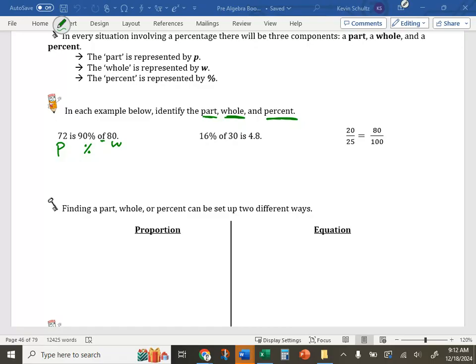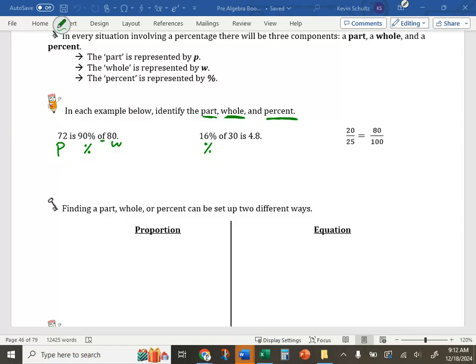The next one, I rearranged things a little bit. It says 16% of 30 is 4.8. What is our percentage? We'll start there. Sawyer? 16%. What's our whole? What's our part? 16% of 30 is 4.8. Connor? 30's the whole.